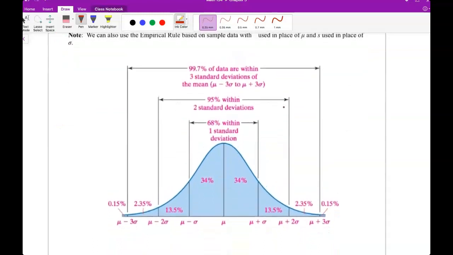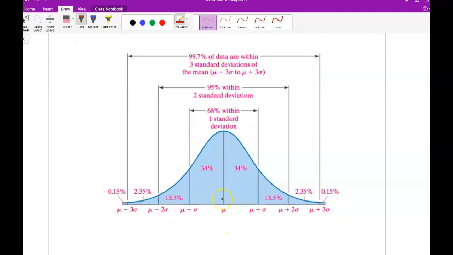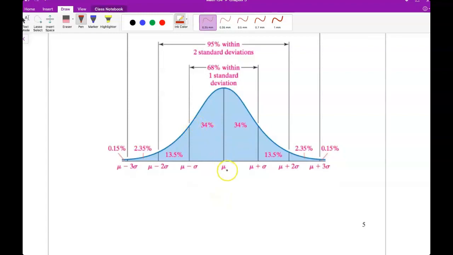Here we have the mean in between on this part. And this part is 68% within one standard deviation. Then after that, we have 95% within two standard deviations.